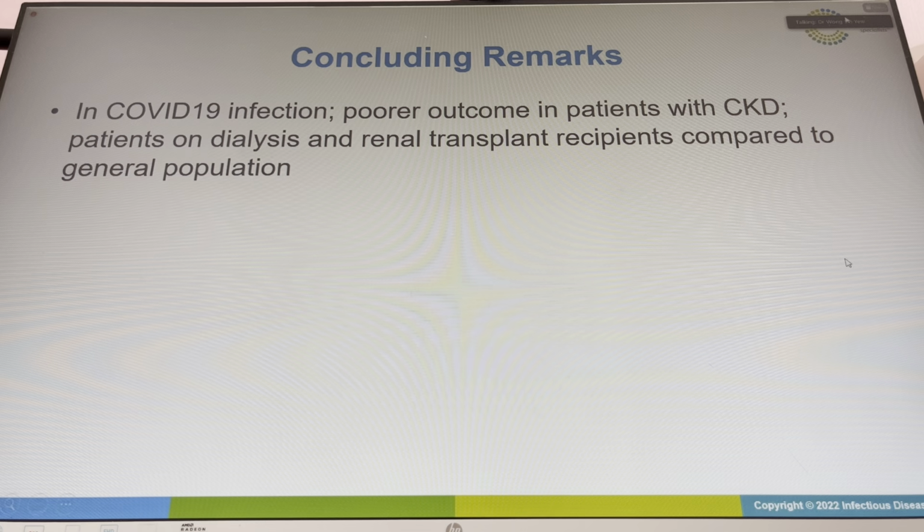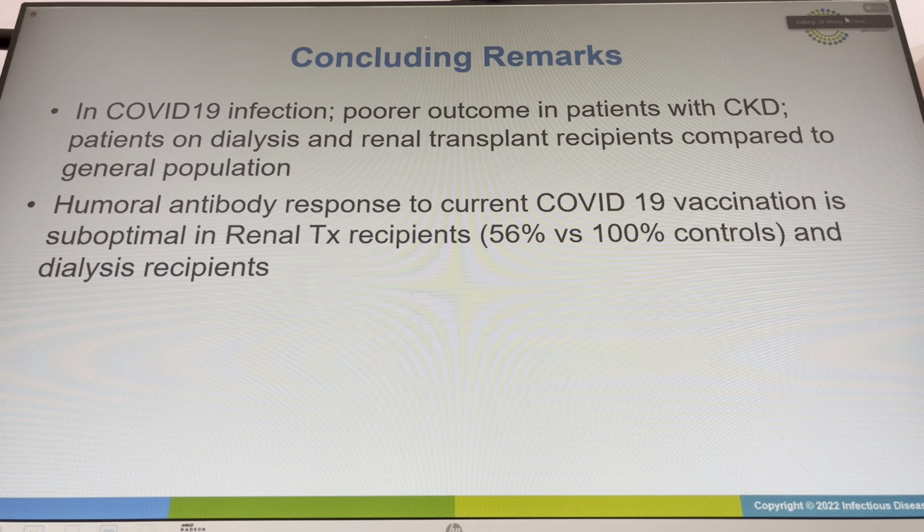So let me just conclude. I hope you are all already aware that in patients with CKD, dialysis, and renal transplant patients, when they have COVID-19 infection, they have a poorer outcome compared to the general population. Next slide.